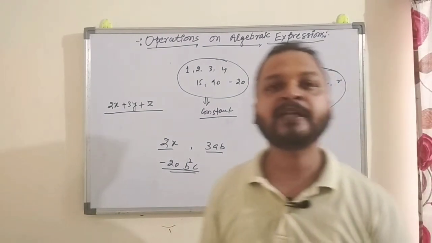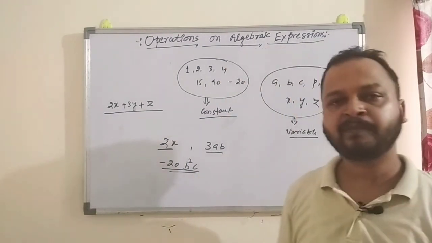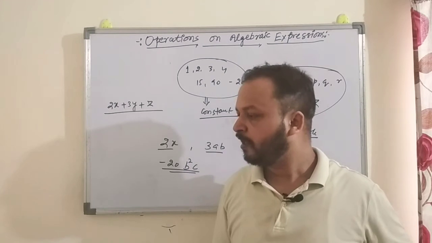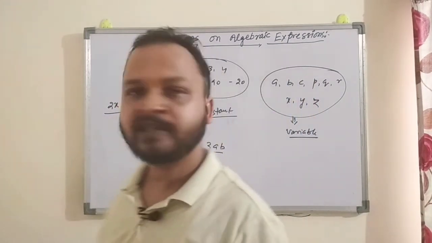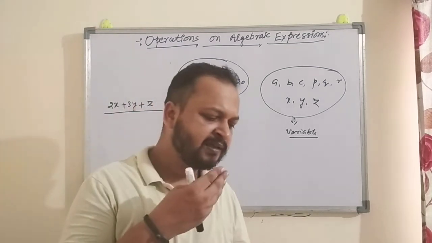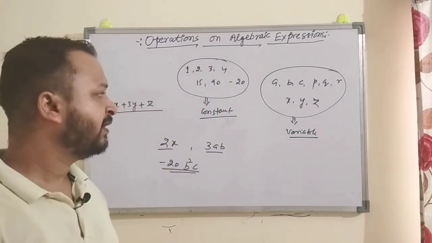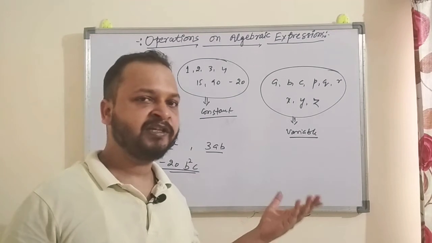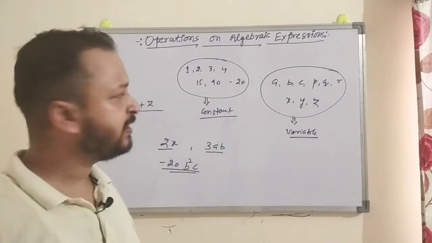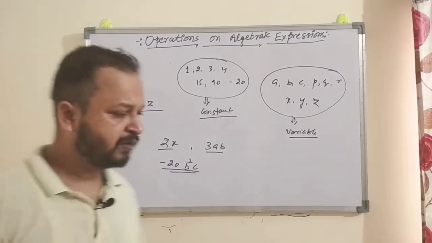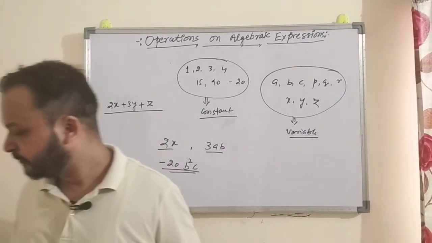We know the mathematical operations are addition, subtraction, multiplication and division. Today's video will discuss 2 operations, addition and subtraction, and this is very simple. Like the addition and subtraction we do for constant values, in the same way we are going to do this.